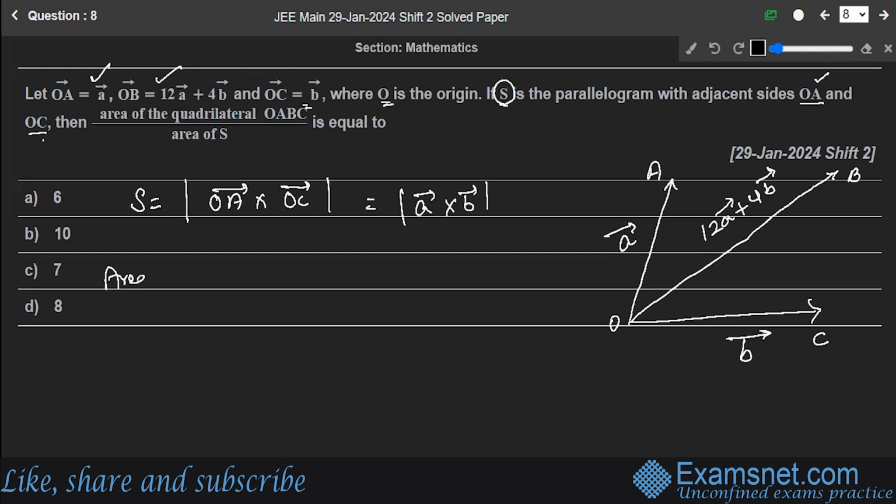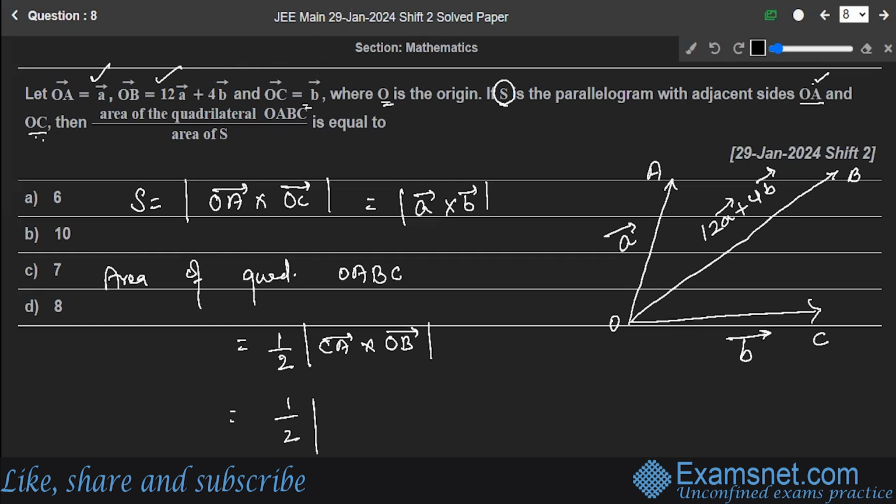Also, area of the quadrilateral OABC is equal to half of CA cross OB, right? Because if OA and OC are the two adjacent sides, then CA and OB will be the two diagonals.